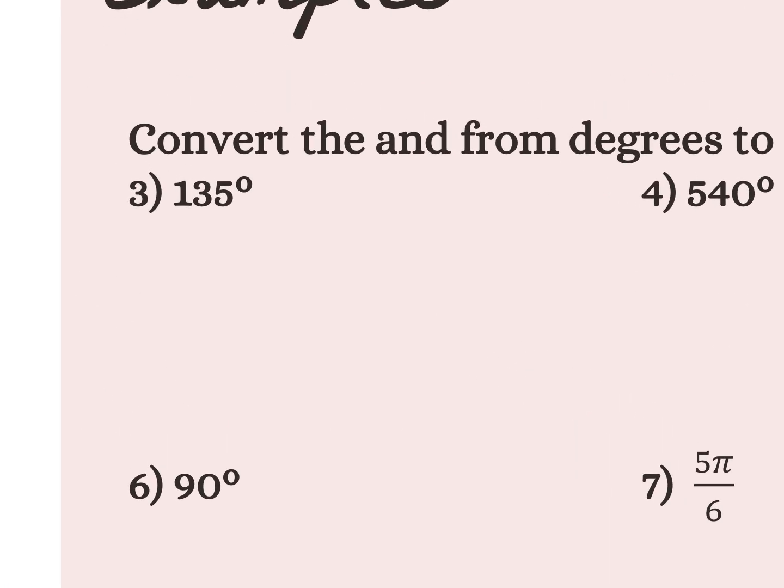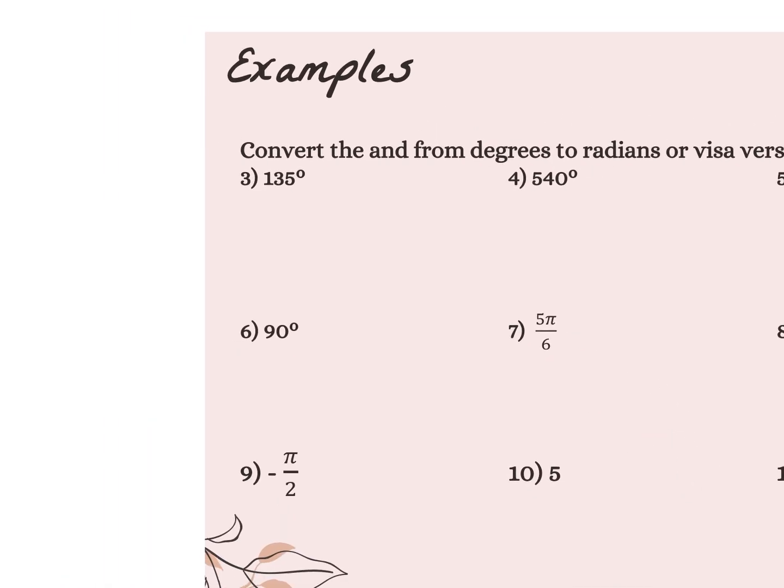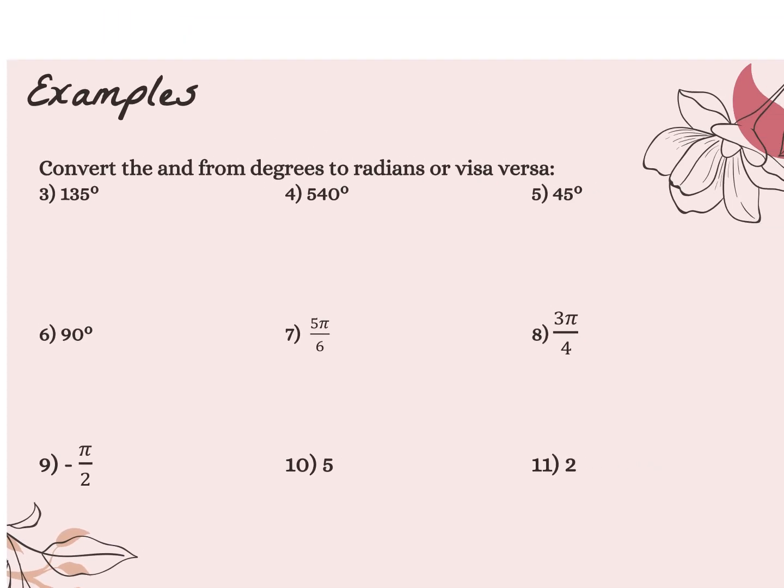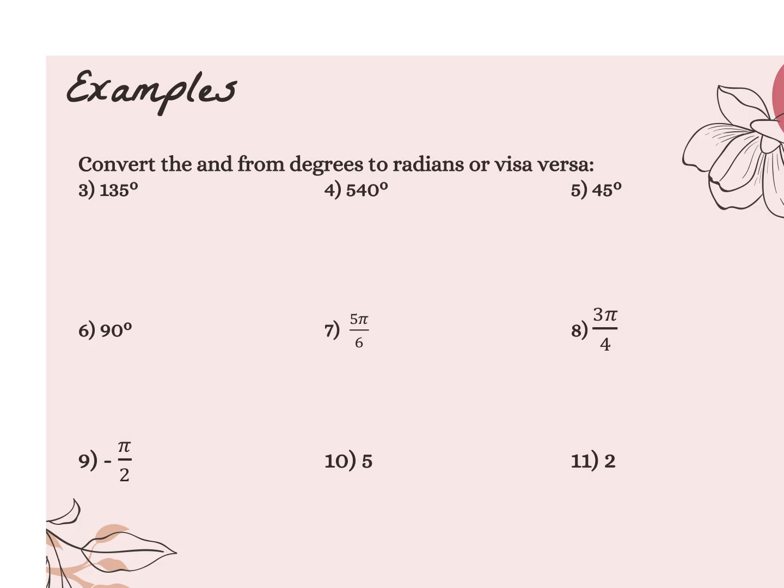So let's check out this first one. I have 135 degrees. How do I know it's in degrees? Because it has a degree symbol, and that's one thing that you can check for all of these. A radian, that's something important that I forgot to mention, doesn't have a unit. It's not going to be an actual measurement that has a set unit attached to it. A radian is just a radian.